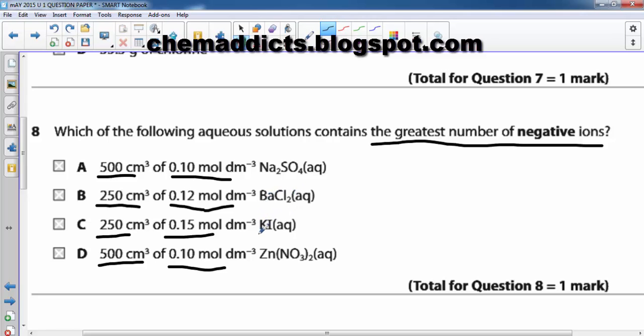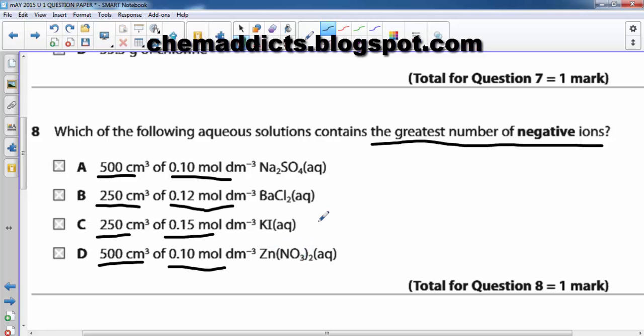In the case of potassium iodide, there are 2 particles present: potassium ion and iodide ion. Therefore, the total number of ions present in potassium iodide solution is 2. In the case of zinc nitrate, there are 3 ions present in the solution.